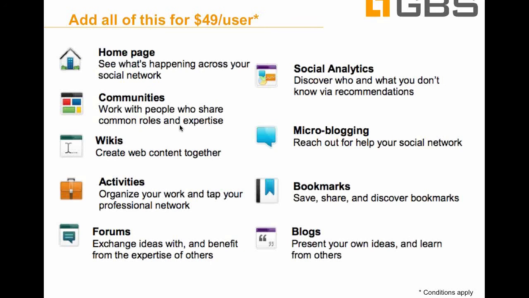You have activities, which are kind of like to-dos on steroids. Of course, you have forums for open discussion that can be parts of communities or extensions of wikis. Microblogging, which is the Twitter-style interface that I showed you earlier, as well as shared bookmarks and, of course, blogs, which are central to building up the content within any kind of social network.